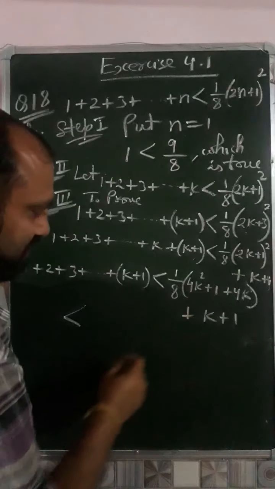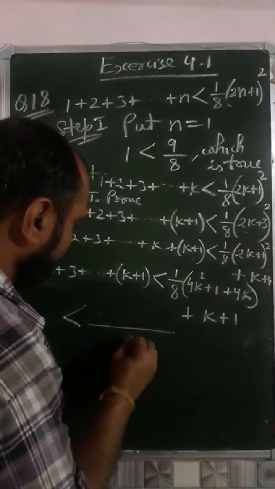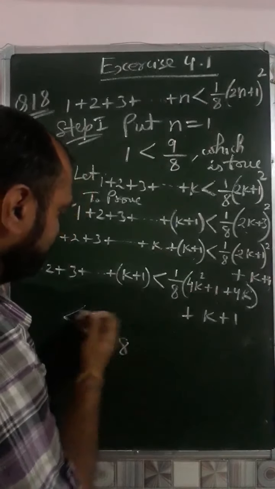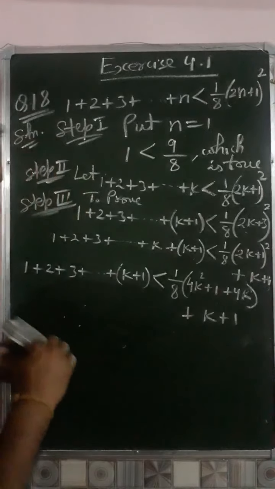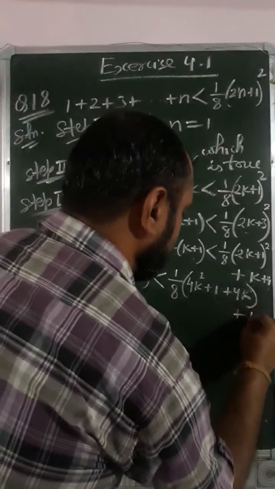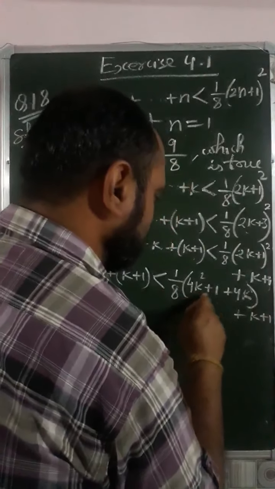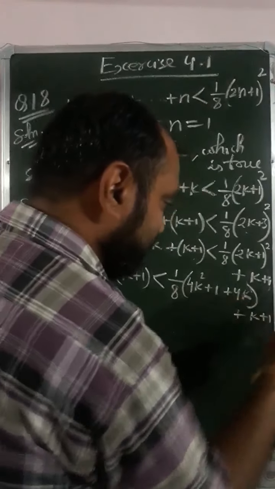When simplifying this, I am taking the LCM here. We get, plus k plus 1, this is 1 by 8 (4k square plus 1 plus 4k) plus k plus 1.